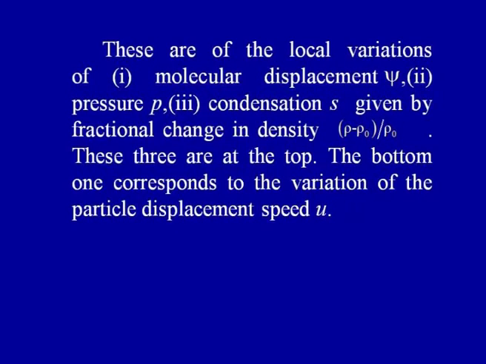Just note the phase difference between the variations shown on the top, the variation of the molecular displacement, the variation of pressure and the variation of condensation on one side, compared to the variation of the particle displacement speed shown at the bottom.